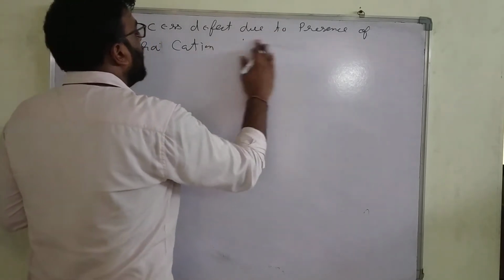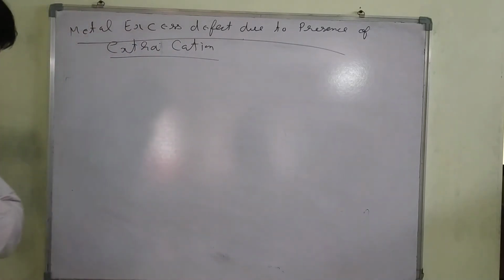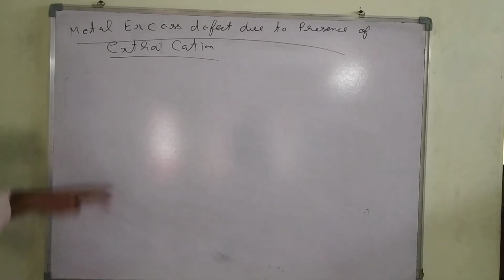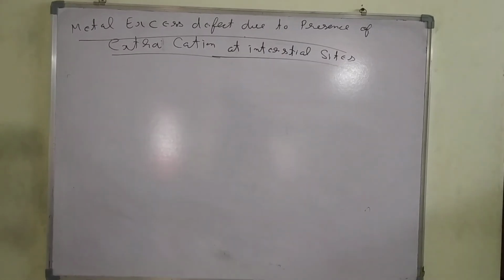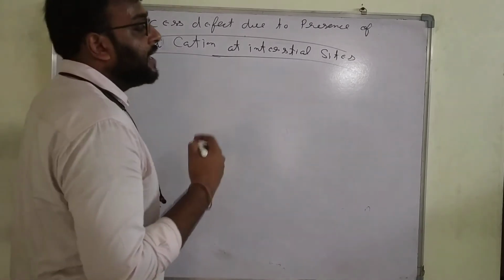Due to presence of extra cation. What happened? Metal excess defect in presence of extra cation. Okay, just note down and pause the video. Okay students, metal excess defect due to presence of extra cation at interstitial site.